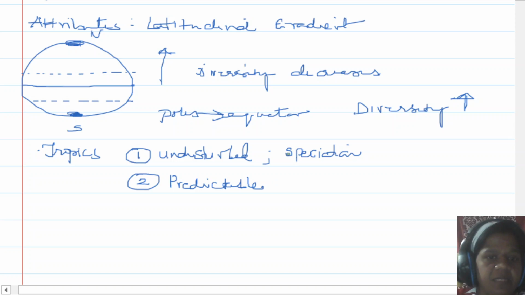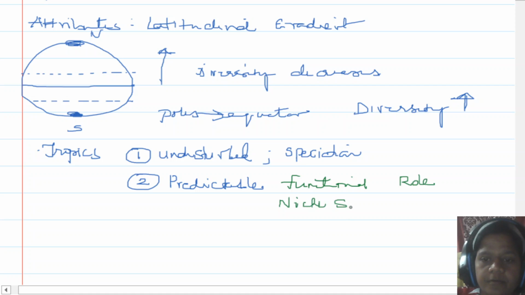Because of the predictable environment, the organisms develop their own functional role in that ecosystem, which is called niche specialization. So that is another reason for the species richness in the tropics.